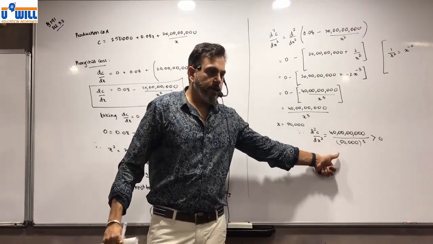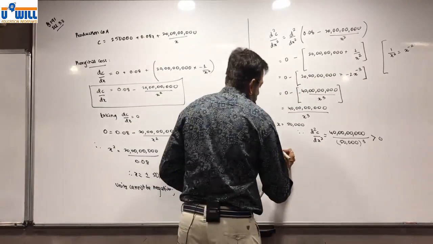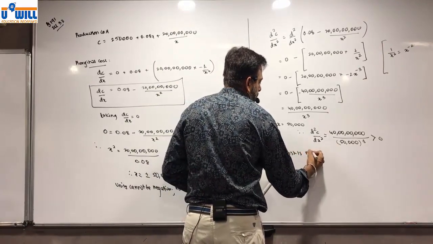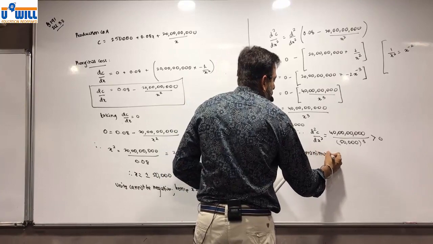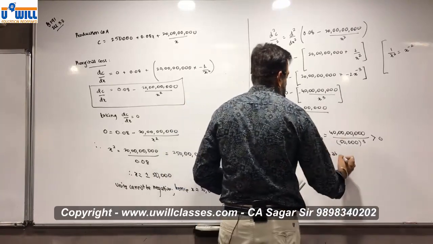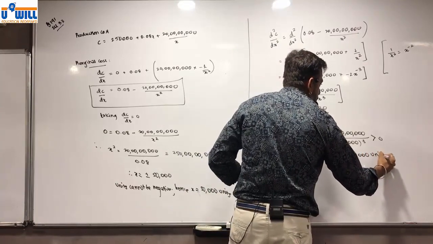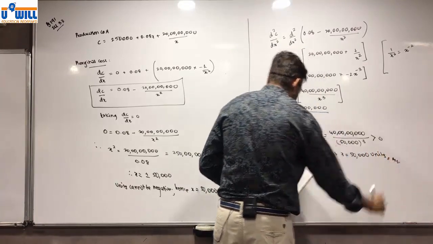Because it is not negative, therefore cost is minimum at x is equal to 50,000 units. Answer.